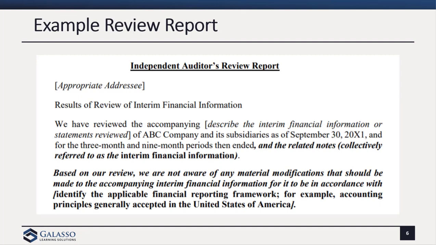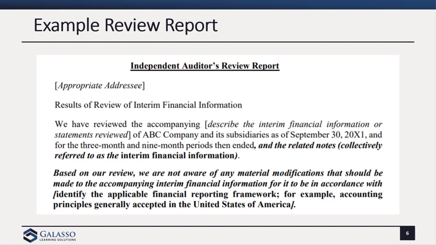So when you're looking at the independent auditor's review report, because this is a SAS, so it is an auditor's review, what you're going to notice is that we're going to start the opening section, similar to SAS 134, with the results of the review of interim financial information. So just the way SAS 134 starts with the opinion section, we're going to start with the results of the review of interim financial statement.